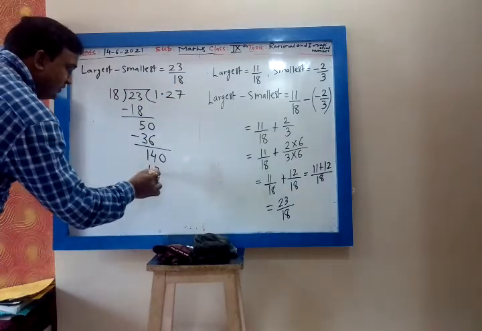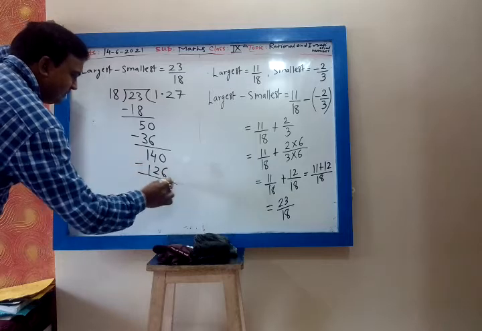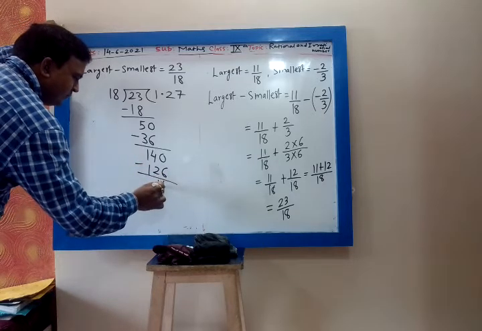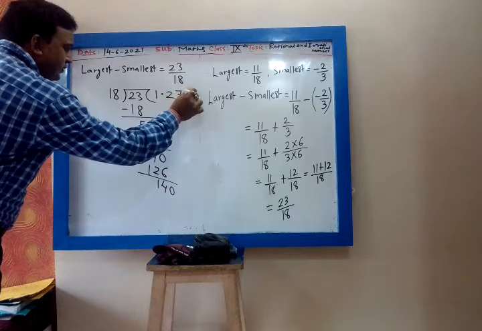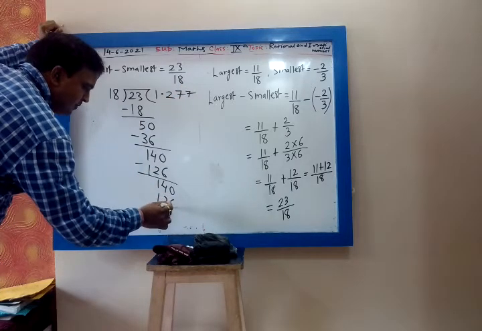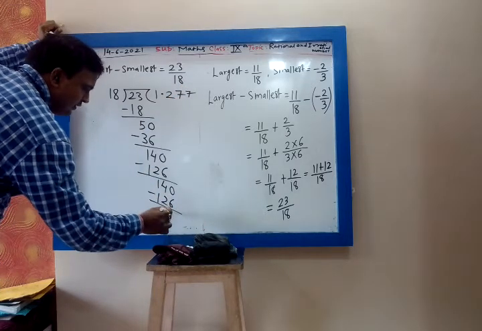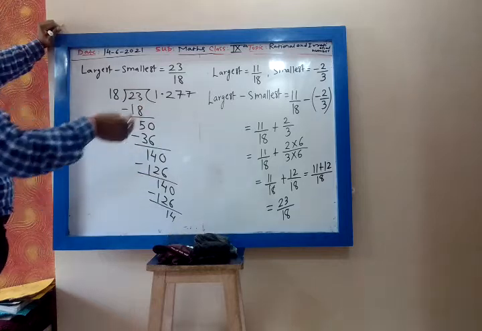Then it is 14. Again it is 140, correct. Then 18 sevens are 126. Then again it is 14. So now we stop there.